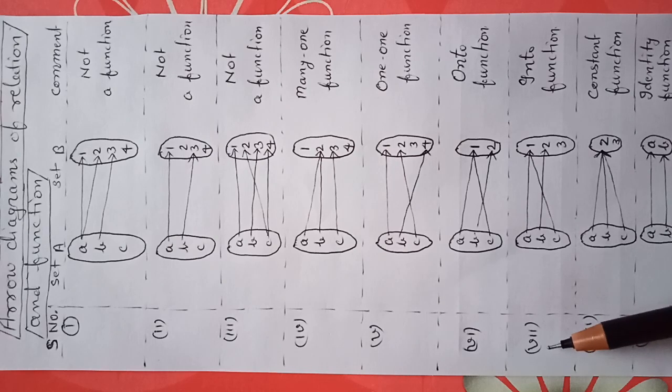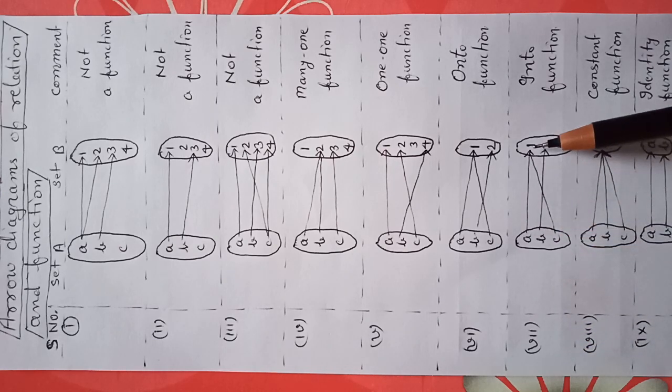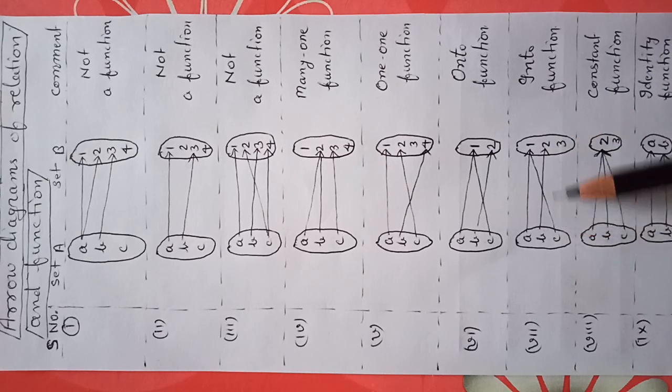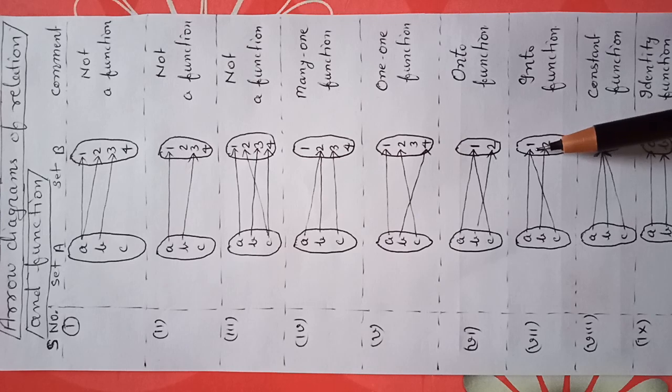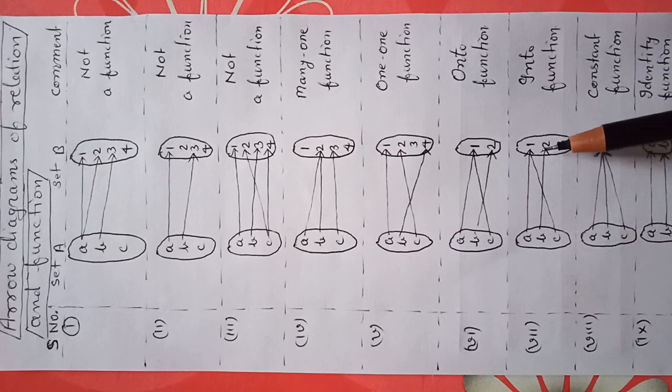Now, if we look at the example number 7, we have A is associated with 1, B is associated with 2, and C is associated with 1. Both the conditions of a function are satisfied, and therefore this is an example of a relation which is also a function.